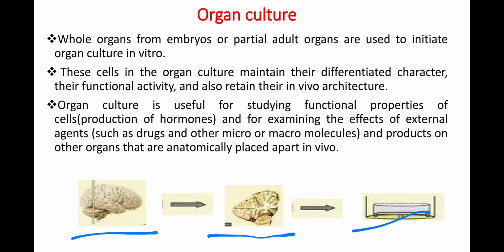We see the important points one by one. First, whole organs from embryos are used to initiate organ culture in vitro. We culture the whole organ in vitro, also called organ culture.